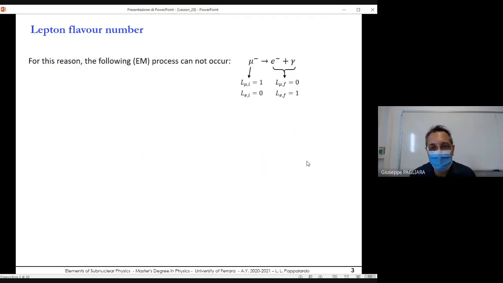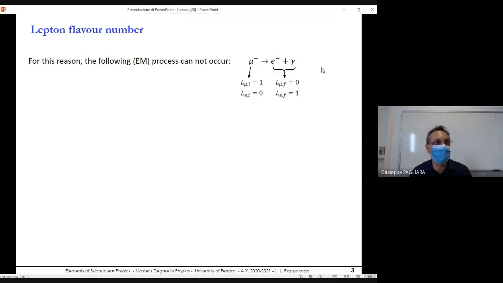The process that you see here, which is an electromagnetic process, is actually supposed to violate the lepton-flavor number, because we have a muon in the initial state, with L_mu equal to 1 and L_e equal to 0, but we have an electron in the final state with L_e equal to 1 and L_mu equal to 0. So if this process should occur in nature, then we would have a clear manifestation of the violation of this conservation law.